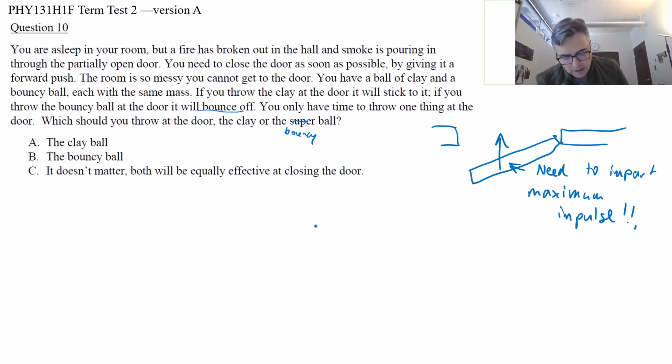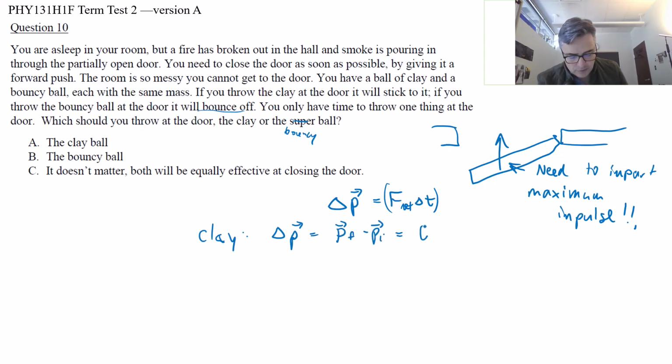So the idea here is that the change in momentum is equal to F net delta t, the impulse. And so for the clay ball, delta p, the final minus the initial, is equal to 0 minus mv initial.